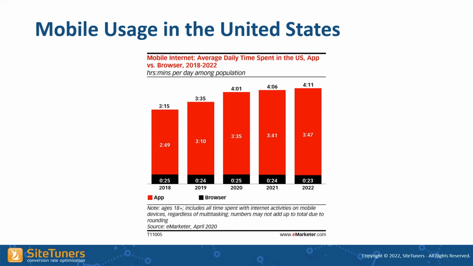But most of that is in an app, and that actually makes more sense. We're chatting, we're on Facebook or some other type of social media. We are reading the news. We are watching YouTube or maybe Netflix or whatever we're doing, right? But the difference between the time spent in a web browser versus in an app is very significant.